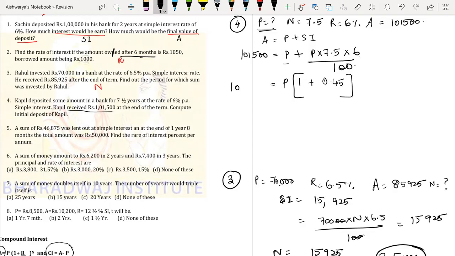This is equal to 1,01,500. So principal is equal to 1,01,500 divided by 1.45. What you get is 70,000. Very good. So this becomes your principal.